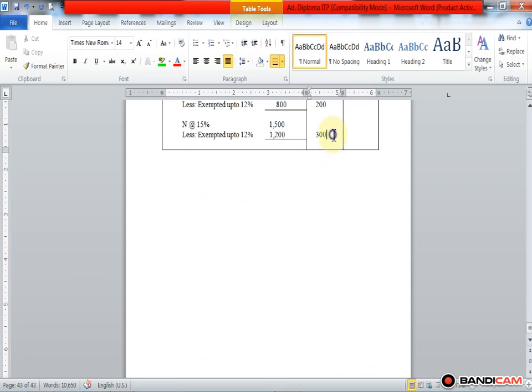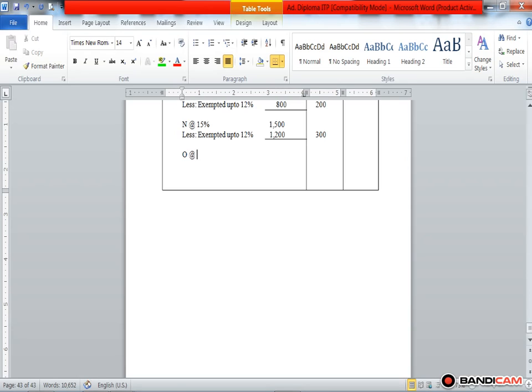Then Mr. O, interest received at the rate 15% amounted to rupees 2,500, less exempted up to 12%.